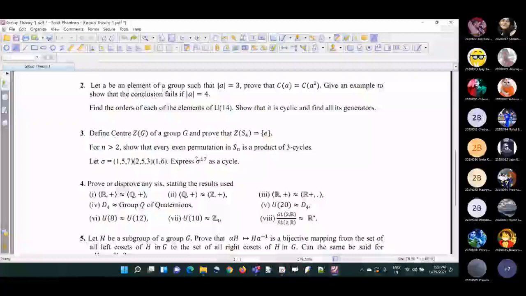And then the next part is that sigma is equal to this one. Then we need to express this. So do you have any idea how to proceed to answer this question? They have given sigma, and they have written it as a product of 3-cycles and a 2-cycle. Of course, there are some elements in the first cycle we have 5, in the second also we have 5.